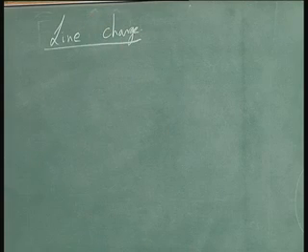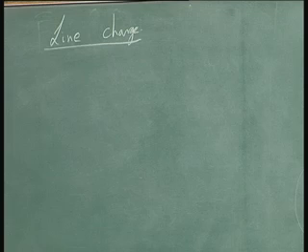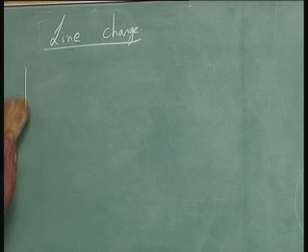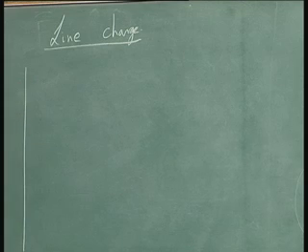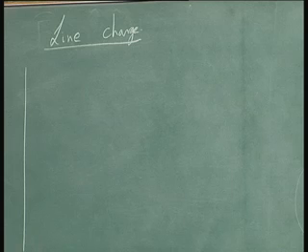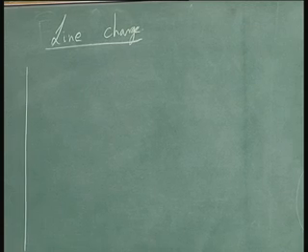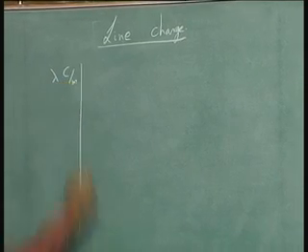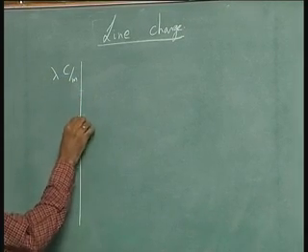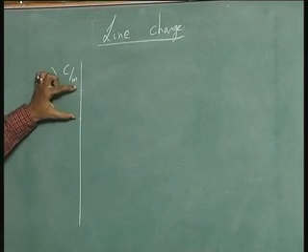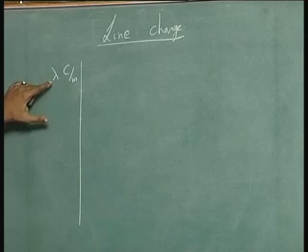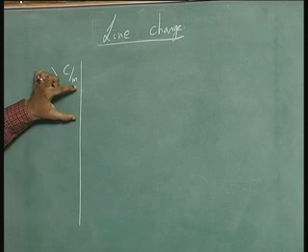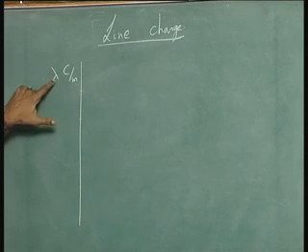He uses a slightly different derivation, but essentially the same derivation. You have a line charge. The charge per unit length is lambda coulombs per meter. So if I take a distance 1 meter along this line charge, the amount of charge in that part of the line charge is lambda coulombs.